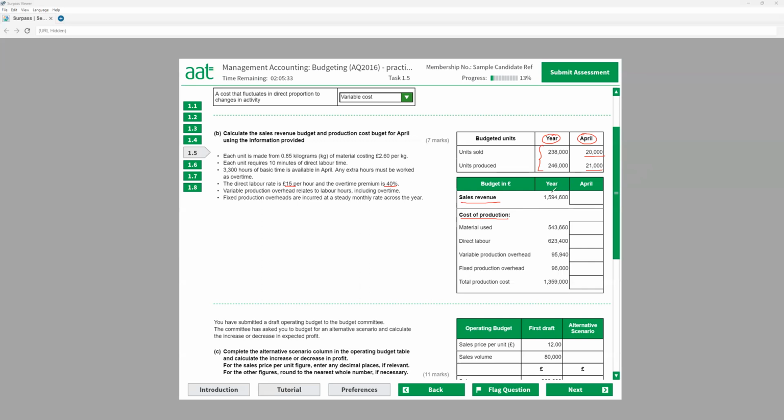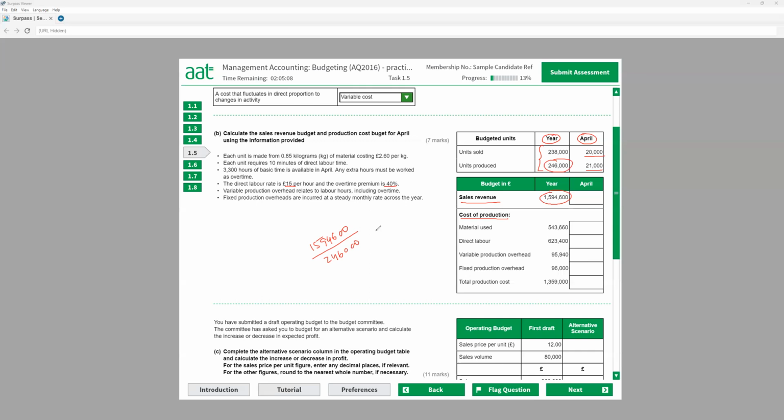Let's find the sales revenue first. Sales revenue for the year is 1,594,600, for how many units? 246,000 units.